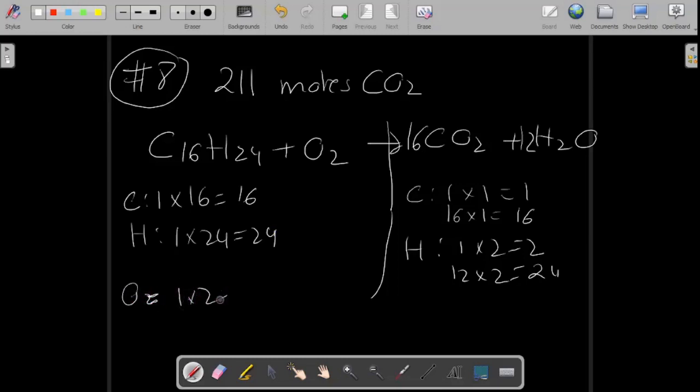1 times 2 equals 2, and oxygen on this side is 12 times 1 equals 12. Well, do we have any more? I forgot to put this one right here, so yeah, we do have more. So 16 times 2 equals 32.